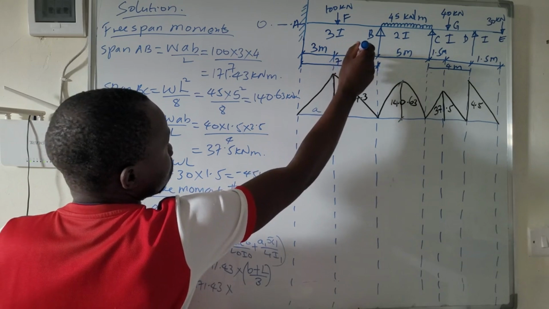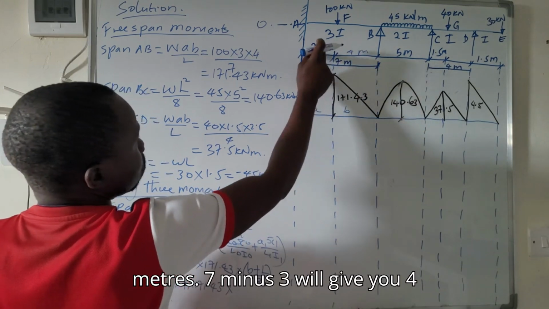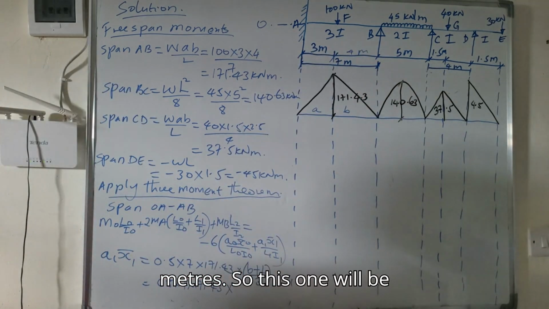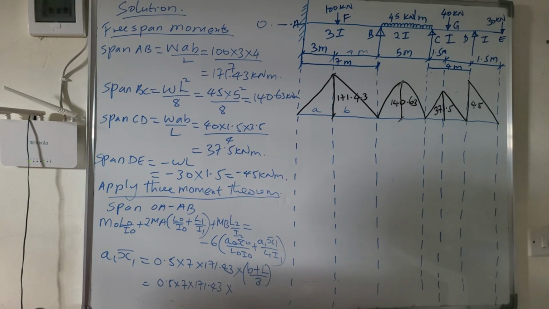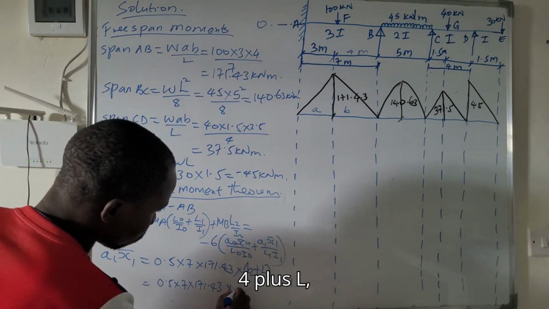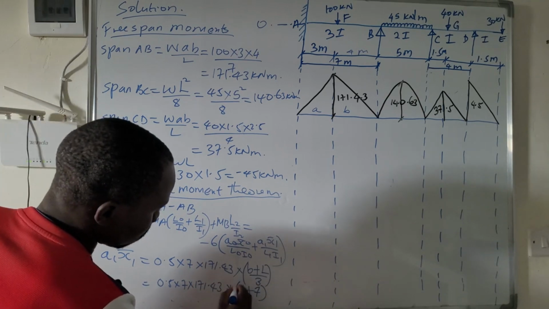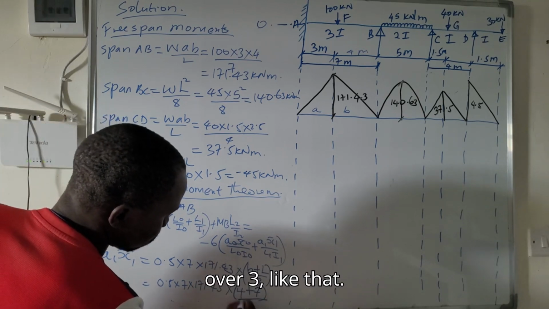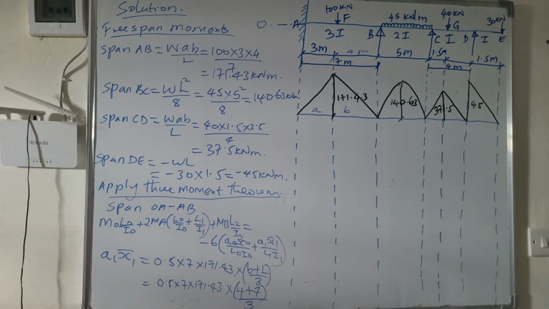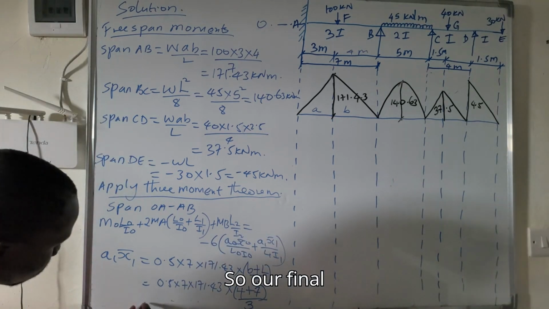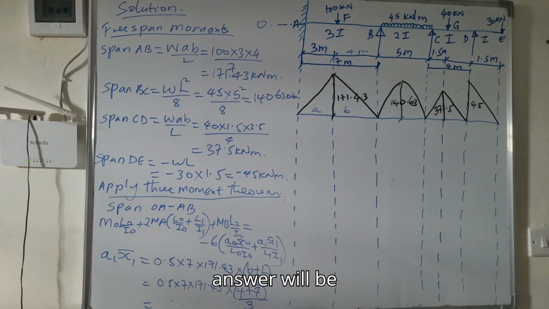So this is 4 meters, 7 minus 3 will give you 4 meters. So this one will be 4 plus L, which is 7 over 3, like that.